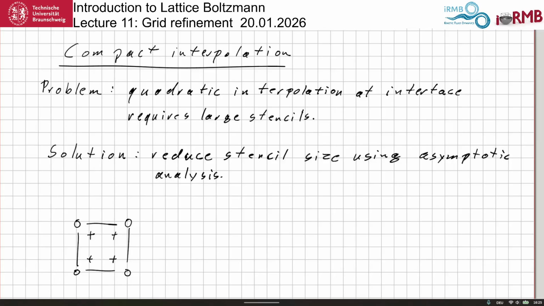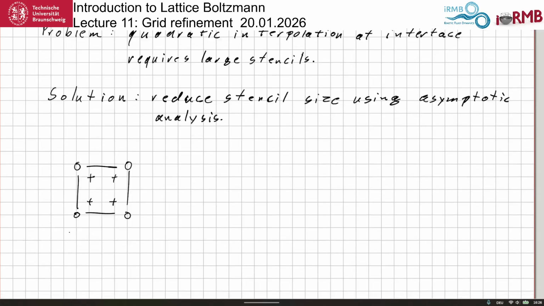This is what we call an interpolation cell, and it goes from coarse to fine. So the idea is we use these round things here as source nodes. Source node means this is where the information is coming from, and the crosses are the destination nodes. This is where we write to.